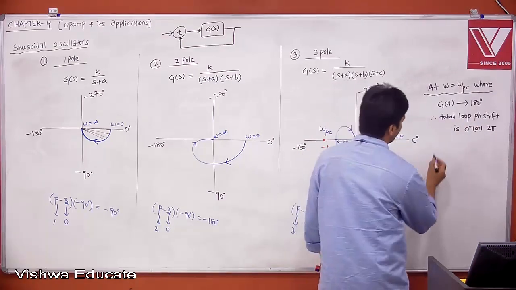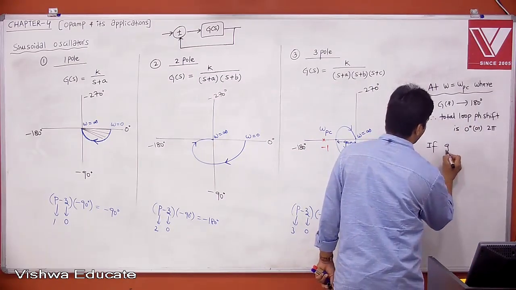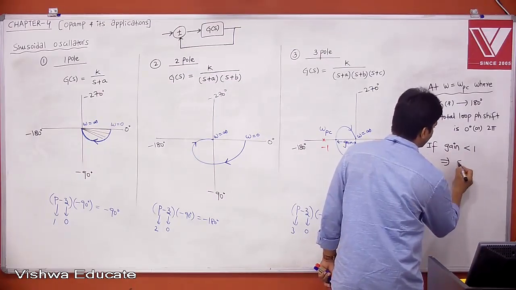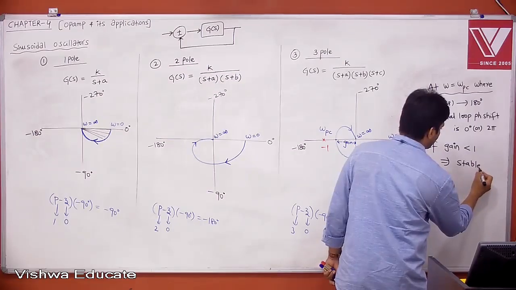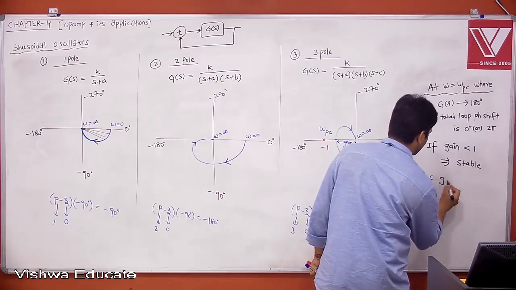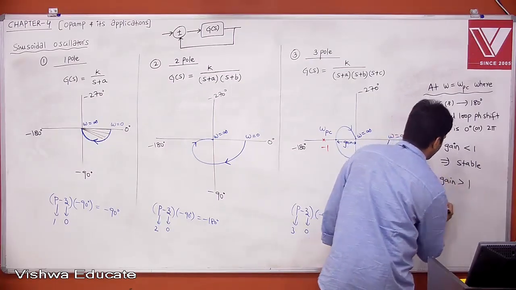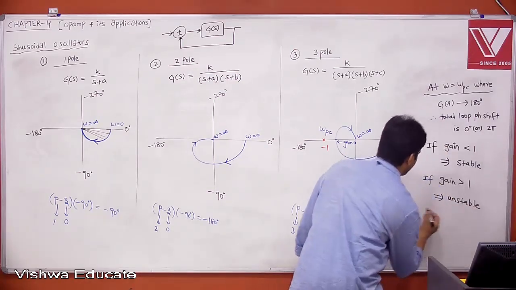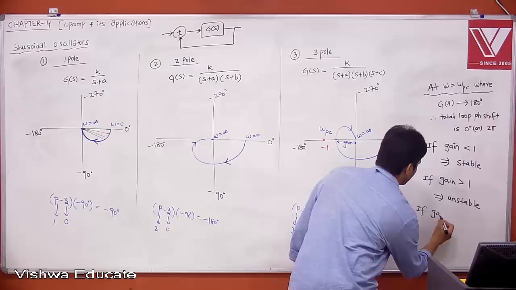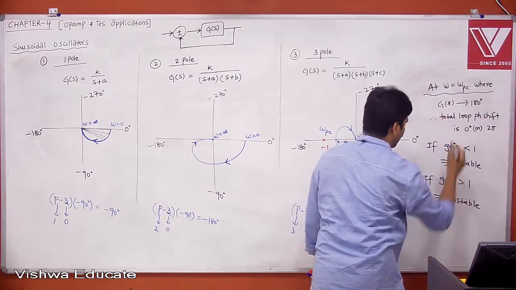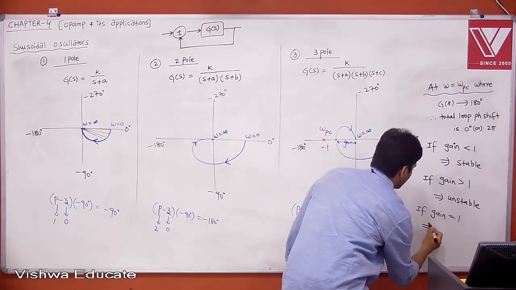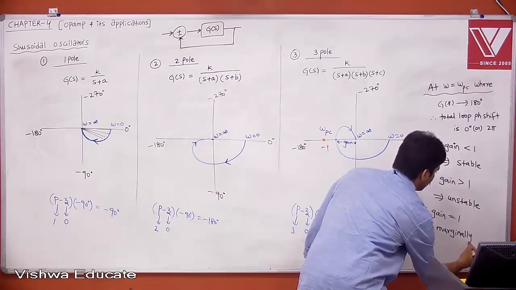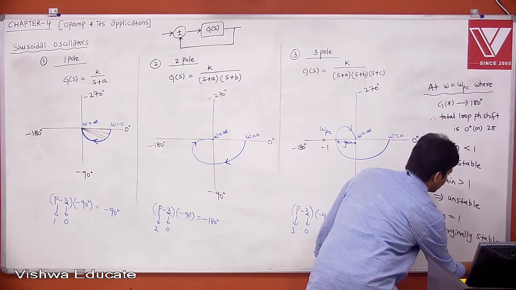The gain magnitude, if less than 1, system is stable. If gain is greater than 1, system is unstable. If gain is equal to 1, marginally stable, this is what is going to give you oscillations.